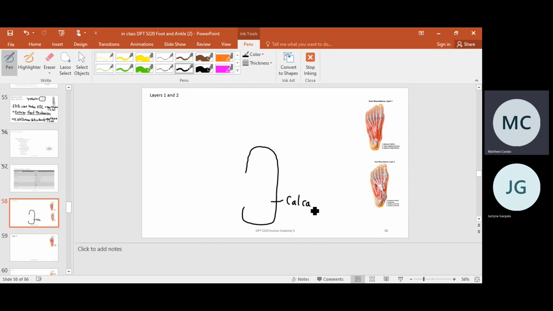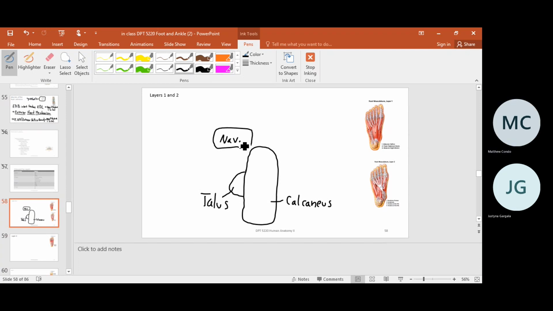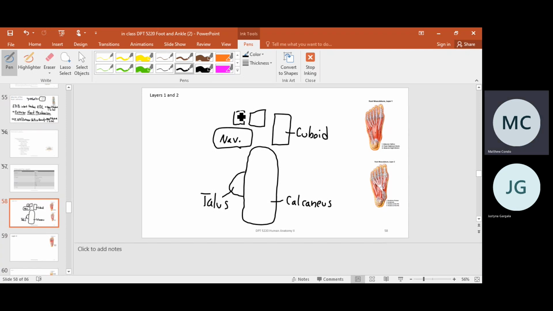This is going to be a bottom-up view, if you will. This is kind of an exploded view. This person had a problem with their feet.